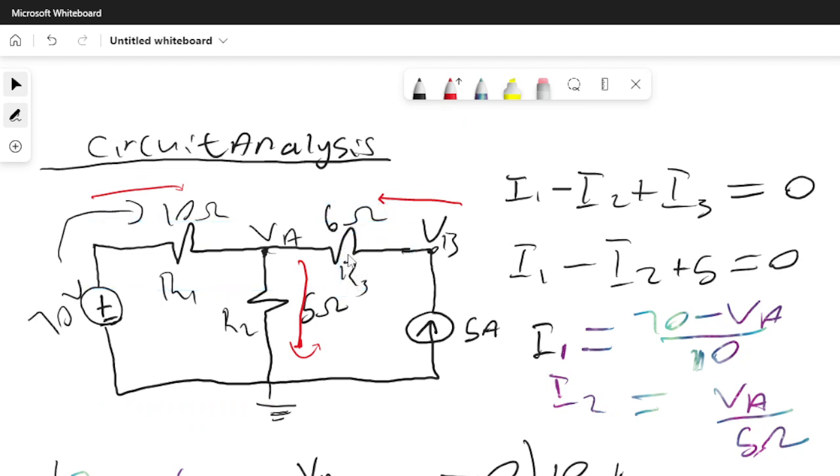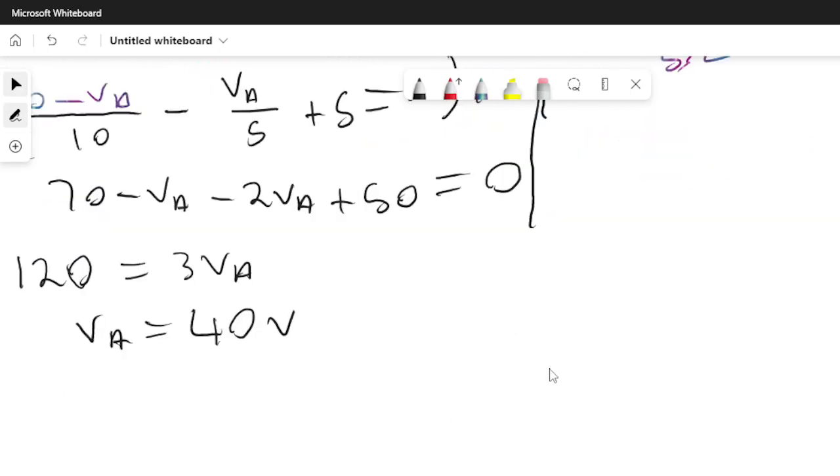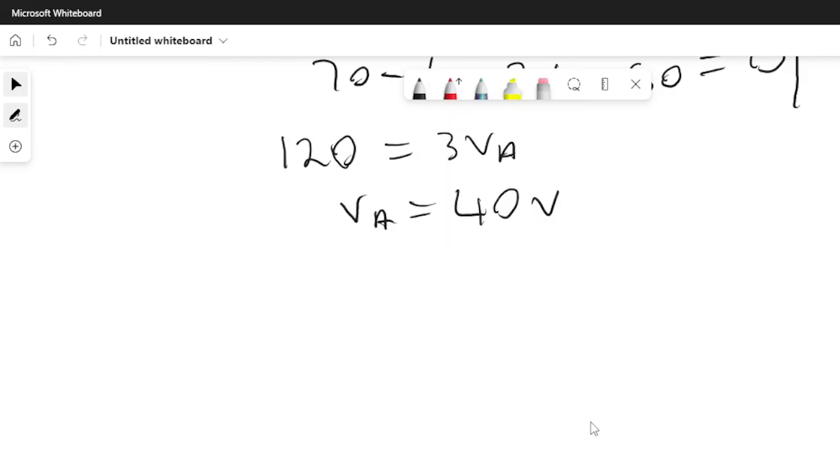Since the direction of the current goes from this side to that side, VB should be greater than VA. So when I'm looking for I3, I3 is equal to VB minus VA divided by 6.